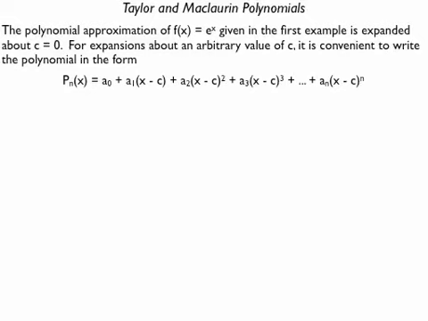In the other ones we just had, if c was 0, you just have a sub 0 plus a sub 1 times x plus a sub 2 times x squared plus a sub 3 times x to the third plus dot dot dot. But if c is some other number, for example, suppose you were expanding about c equals 1, then you'd have a sub 0 plus a sub 1 times x minus 1 plus a sub 2 times x minus 1 squared plus a sub 3 times x minus 1 to the third.